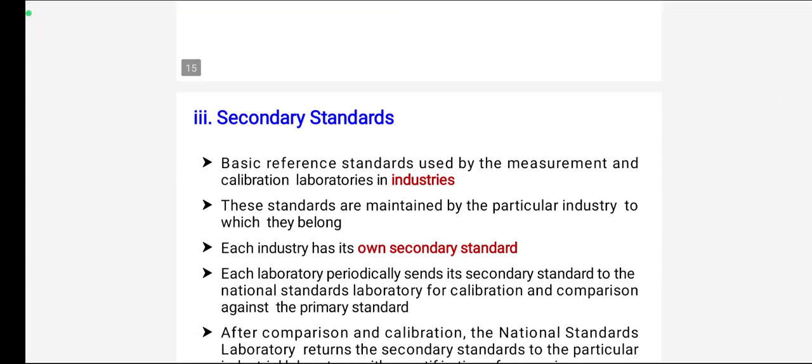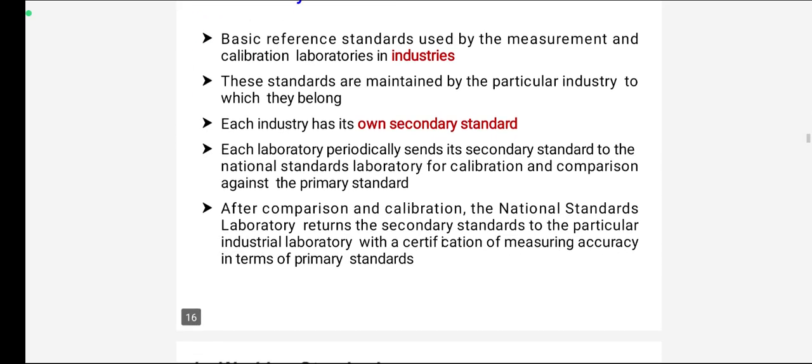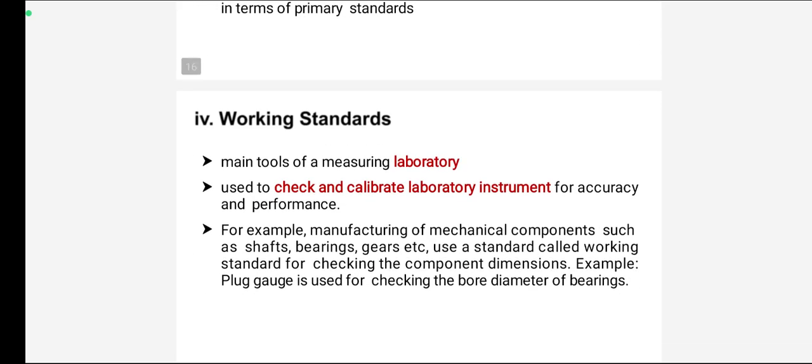And third one, secondary standards, the basic reference standards used by the measurement and calibration laboratories in industries. These standards are maintained by the particular industry to which they belong. Each industry has its own secondary standards and working standards.